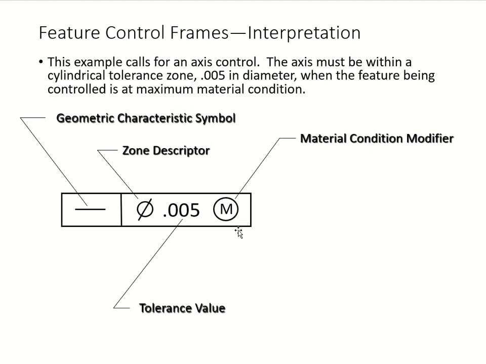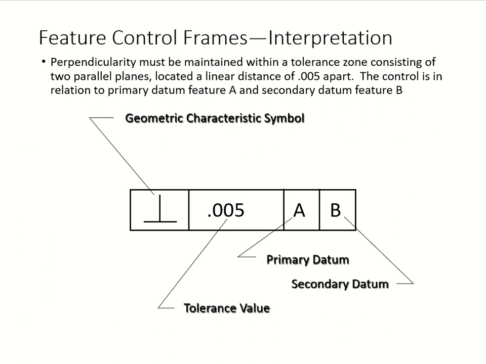Anyway, just pay attention that we're only at the M. So that's your material condition at maximum material condition. If you had an L, you would have least material condition. If you have S here, you're dealing with RFS. So it can be anything for the material condition modifier. Of course, in the example, we're just showing you with maximum material condition.